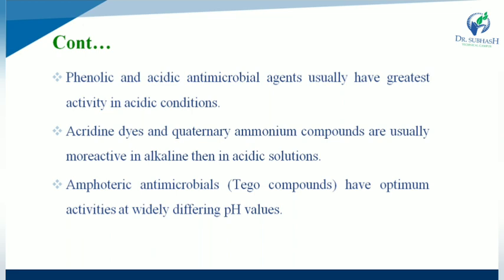Amphoteric antimicrobials have optimum activities at widely differing pH values. An example of an amphoteric antimicrobial is Tego compound, which has optimum activities at widely different pH values.